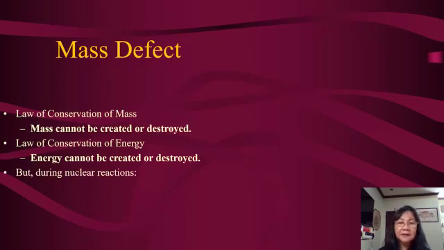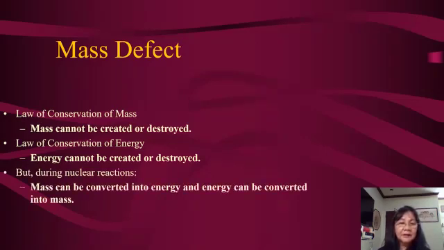And then in nuclear reactions, there is the law of conservation of mass and energy. It states that mass can be converted into energy and energy can be converted into mass.